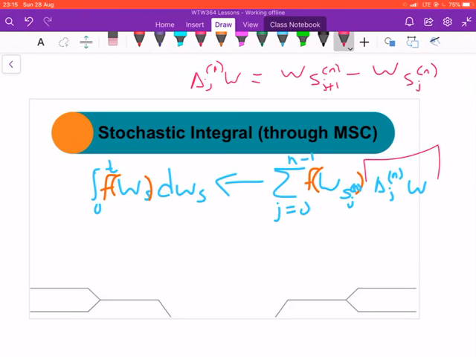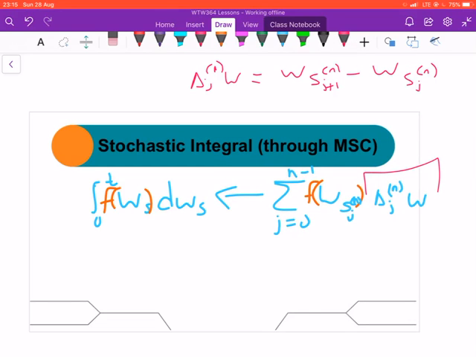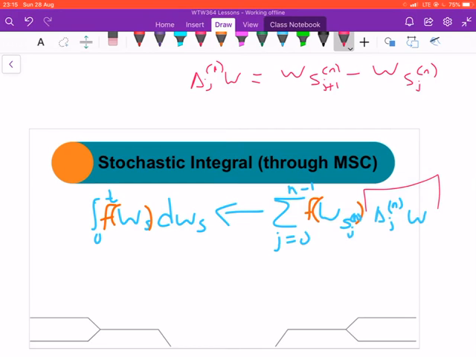So as you can see, this definition is a left side Riemann sum, right? So you are basically using the definition of Riemann sum to find what the integral is. As you've known, in calculus you can use Riemann sum, but in this case we are only using the left side Riemann sum, right?